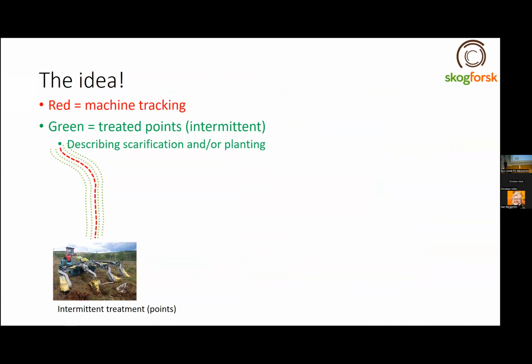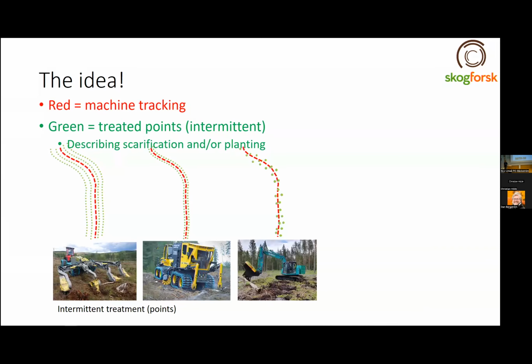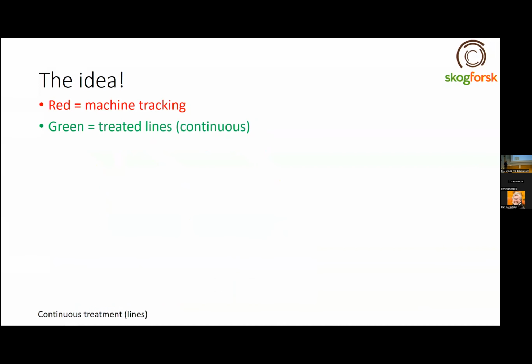In this case, intermittent scarification using 3 different attachments, and we connect each of these rows with points to a specific attachment. You could have 2 attachments or 1 attachment, but using the same structure.